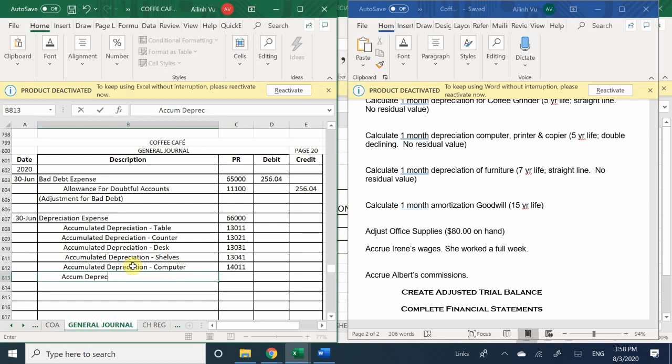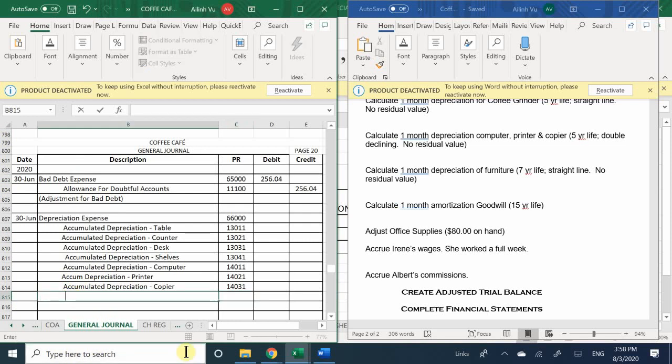And that'll be 14021 for the computer, and 14031 for the printer. I thought you said copier. Another one.